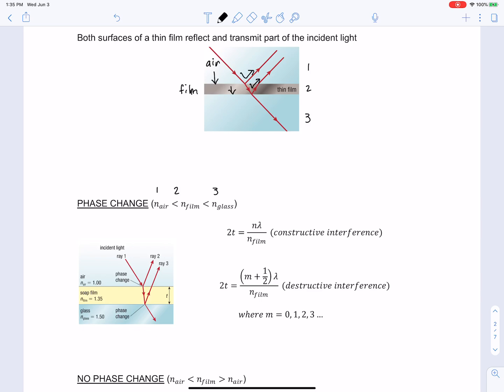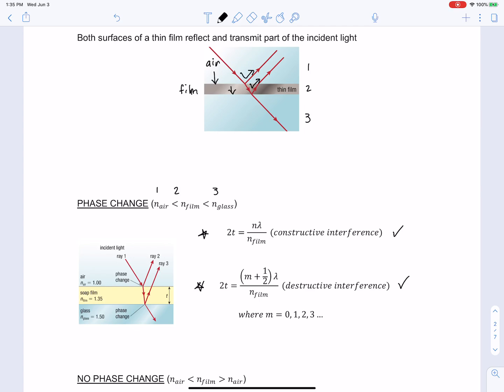So for example, if we're going from air to a film and glass, where the index of refraction for air is less than the index of refraction for film, and the index of refraction of the film is less than the index of refraction for glass, then we have two equations that govern when we will observe constructive interference and destructive interference.